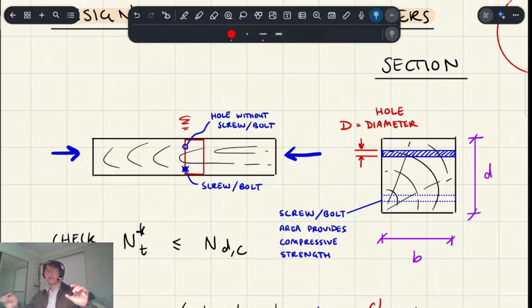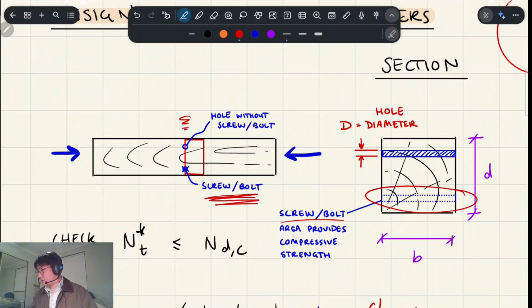If you have a screw or a bolt, let's say one through this bit of wood, and you consider that steel is stronger and stiffer than wood, it's plugging this hole. When we push this together, you're going to get equal or greater strength than if you had timber there. So we actually say that it doesn't reduce the cross-sectional area if you have a screw or a bolt sitting in there. That's this case at the bottom.